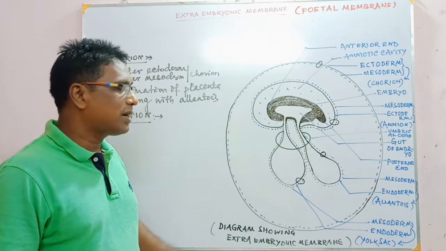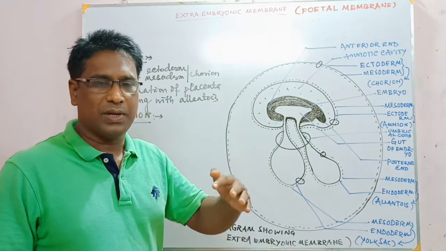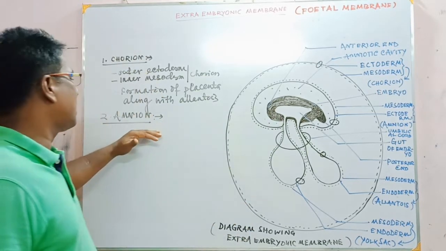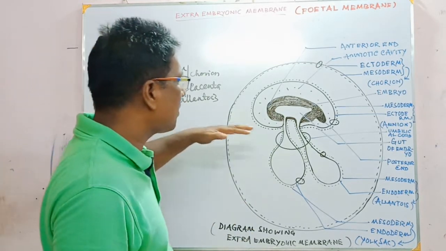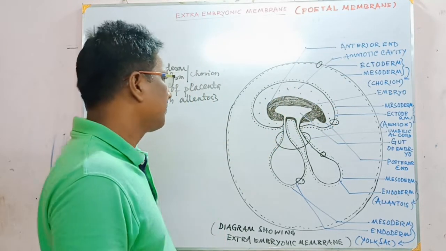As I have already told you, the chorion is formed of outer ectoderm and inner mesoderm, but the amnion is formed of outer mesoderm and inner ectoderm.